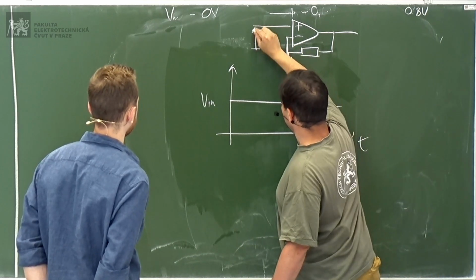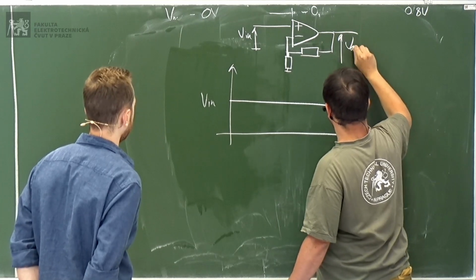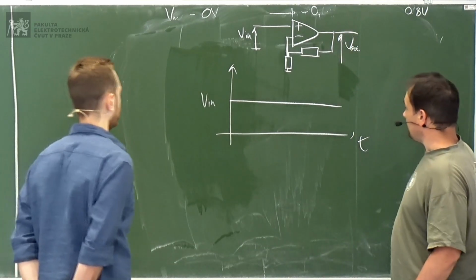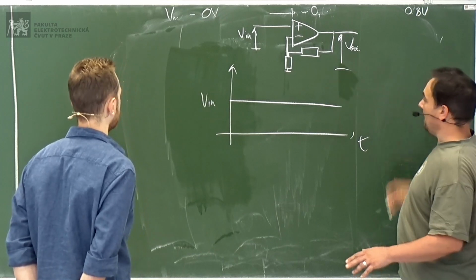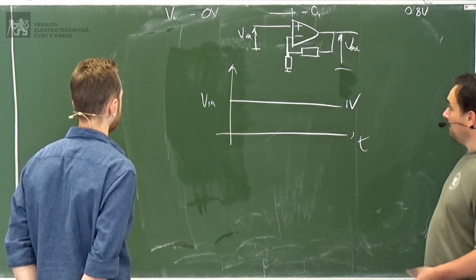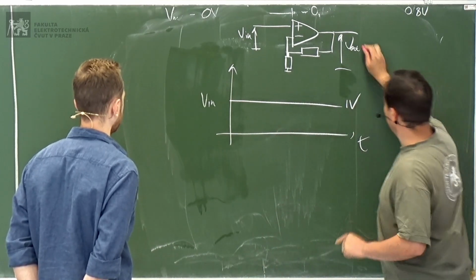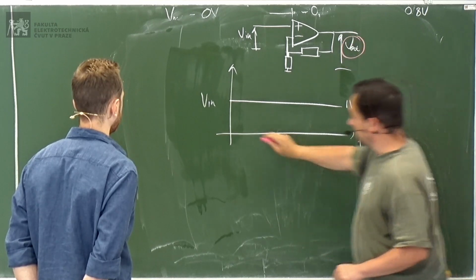So this is the input, and this is the output, in a non-inverting configuration. And the input, we said, is 1 volt. At the beginning, the V output is 0.